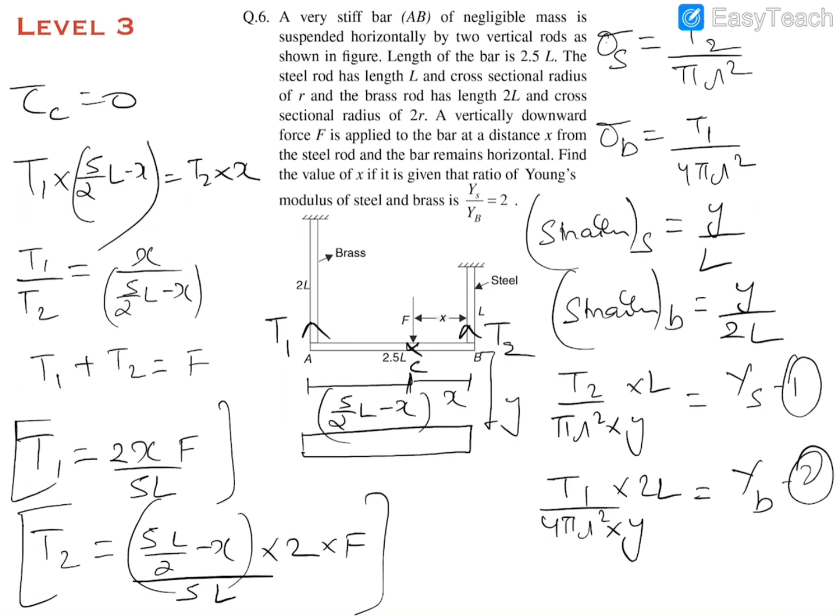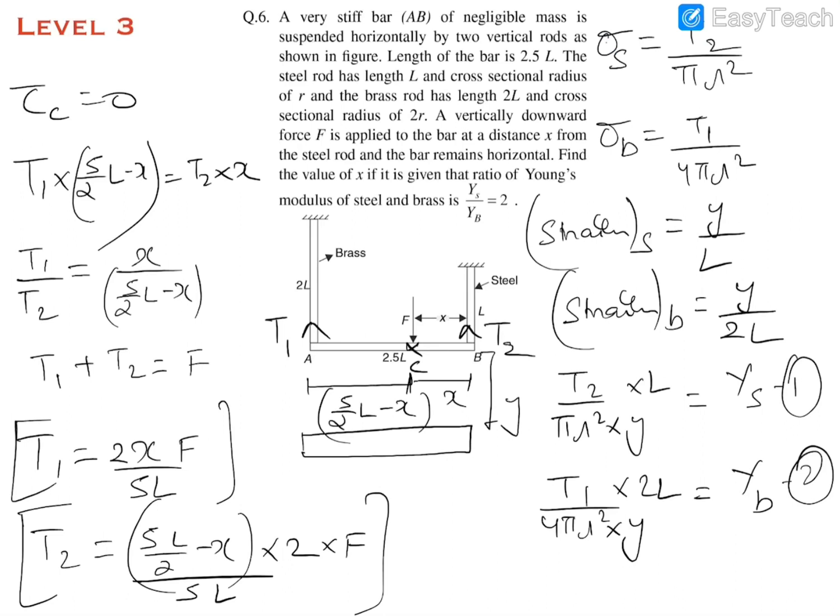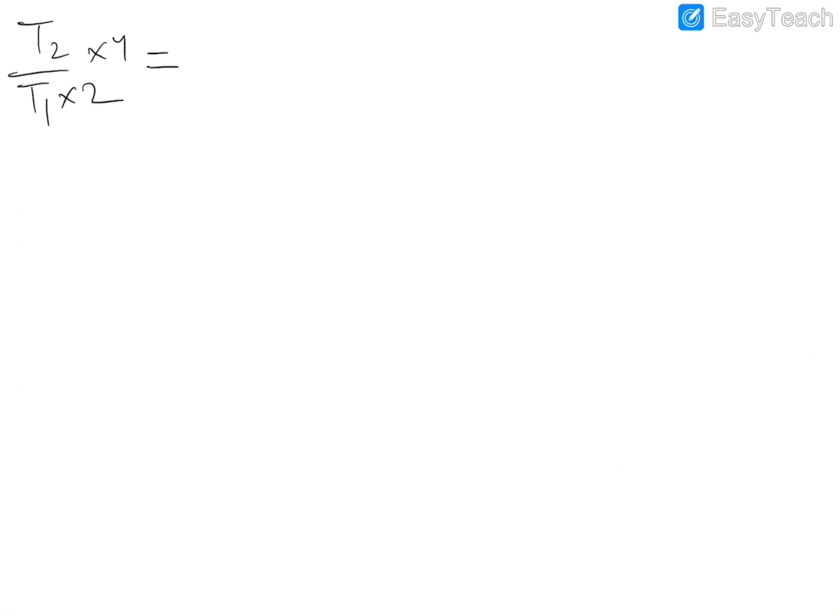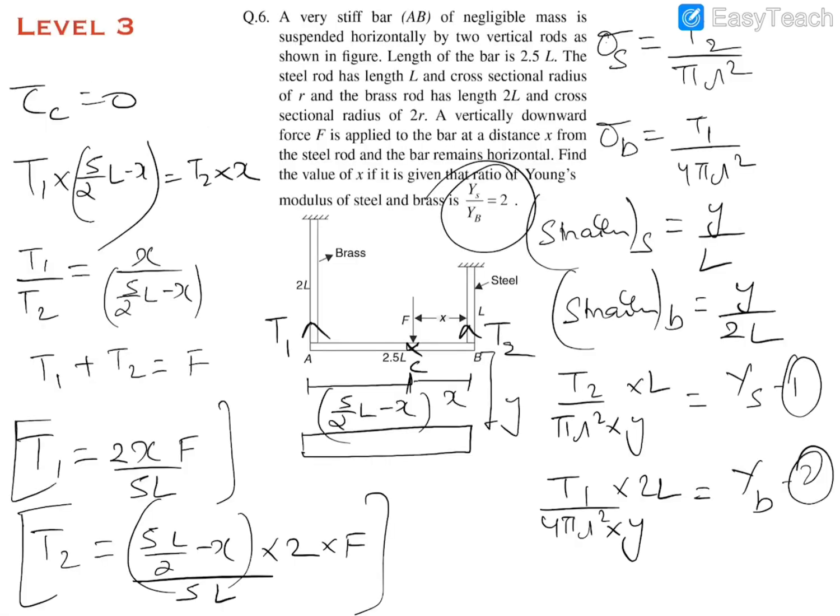You can see that pi r square into y and pi r square into y would be cancelled out, and there would be a 4 on the upper side. Here it is 4, and it would be equal to Young's modulus of steel by Young's modulus of brass, so it is 2. So you can see that T2 is equal to T1 from this equation.